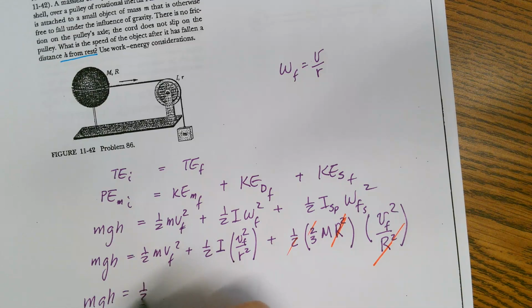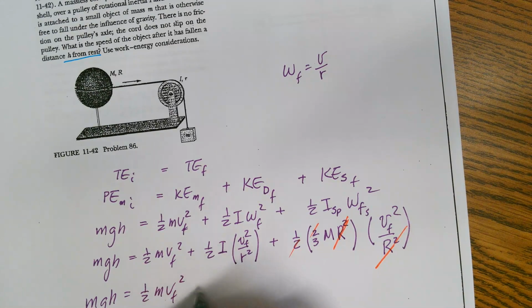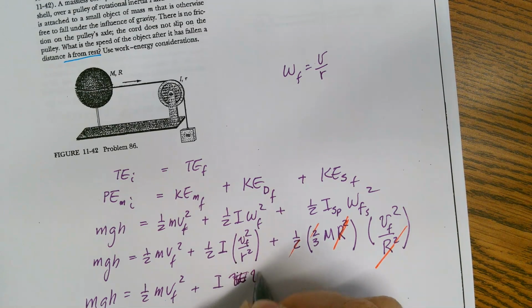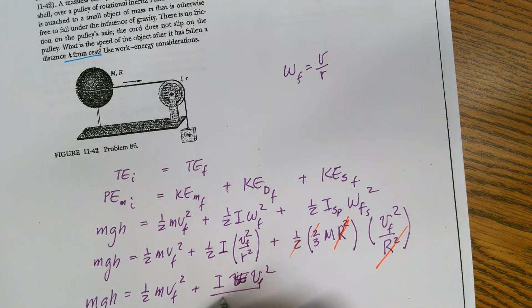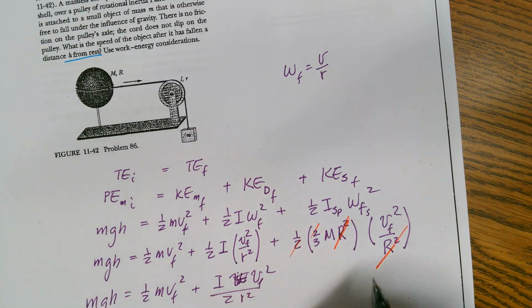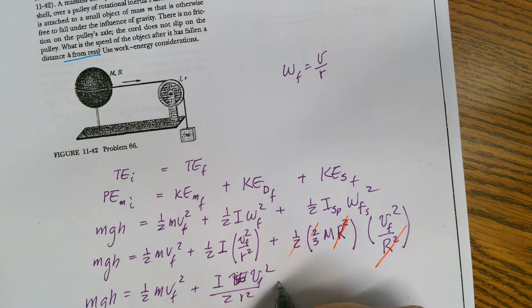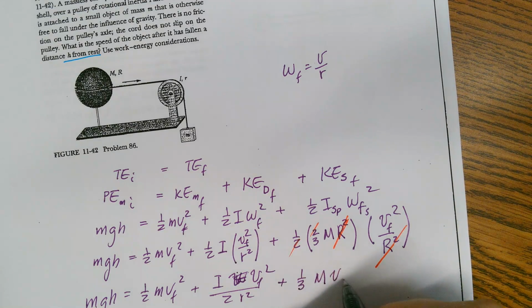So I have 1/2 m vf squared plus I vf squared over 2r squared plus 1/3 m vf squared.